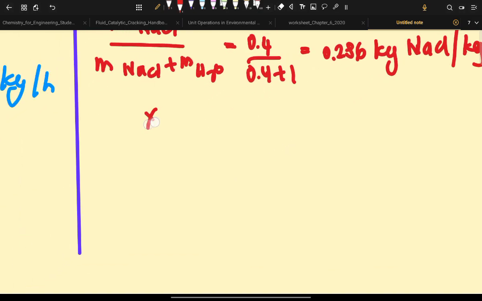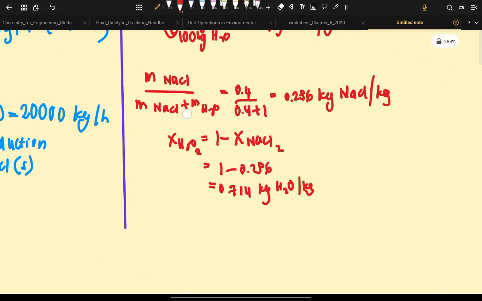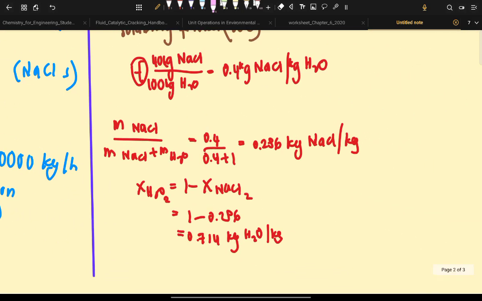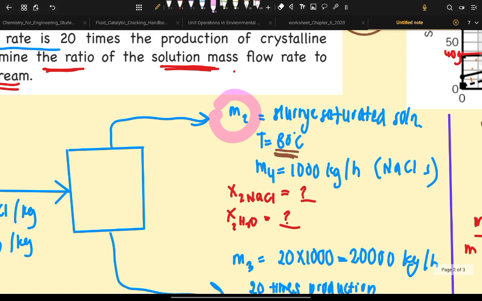So X H2O we can find by 1 minus X NaCl in stream number 2, and we get 1 minus 0.286 equals 0.714 kilogram H2O per kilogram. So this is our answer in stream number 2 here.